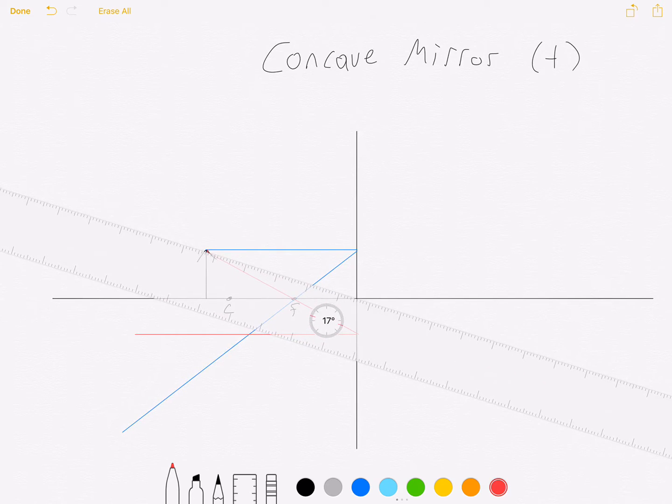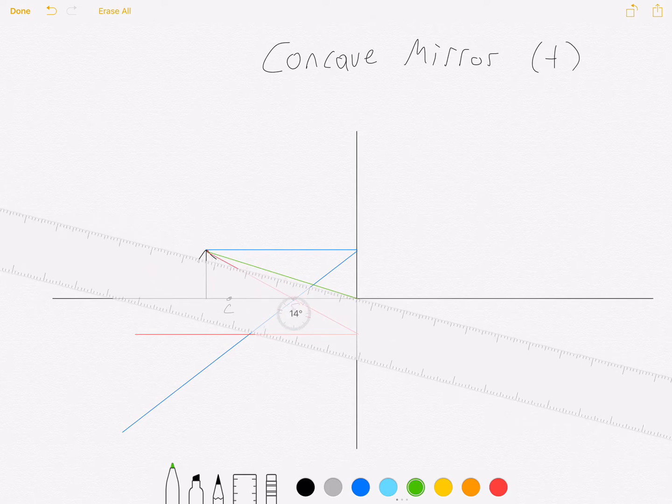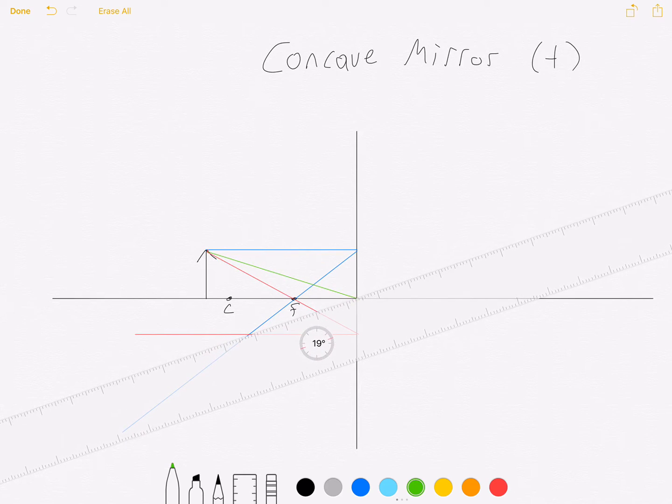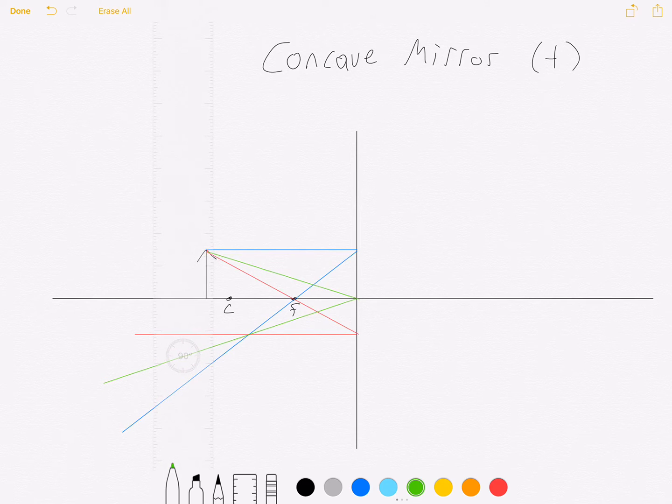And lastly, a ray to the center of the mirror will reflect off symmetrically, like so. So we can see where the intersection takes place, and we can see where our image is going to form. Right?